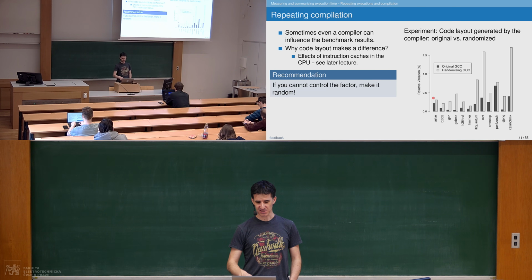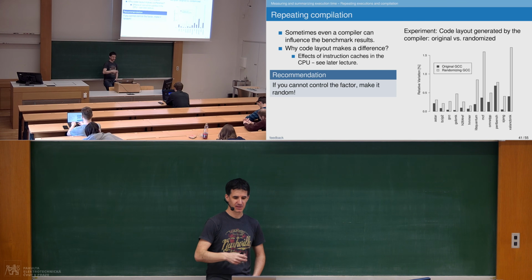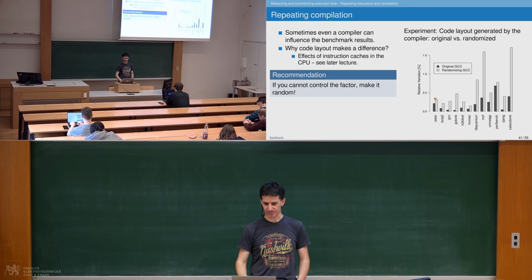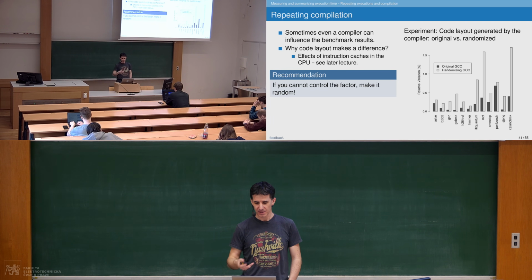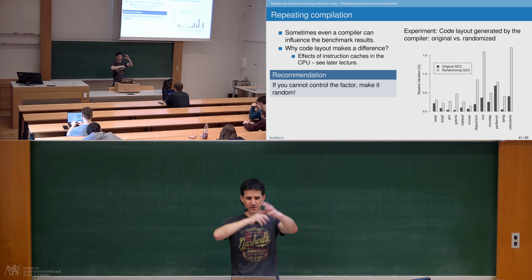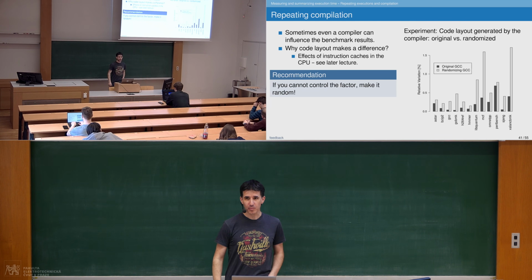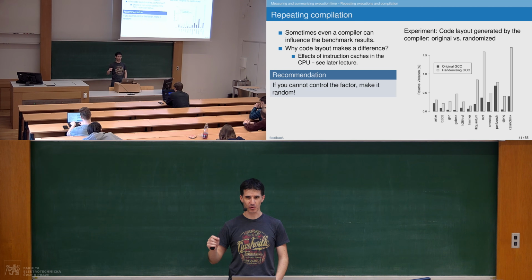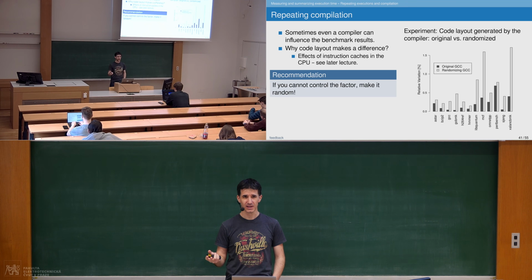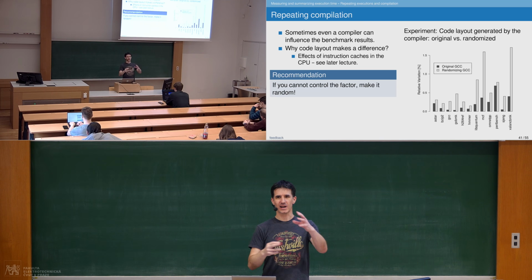So in many cases, this reordering of the functions causes higher variations than what the compiler does by default. That's clear, because if you do random things, the variance will be higher. But the point is that even if you do some small change in your program, like adding one line or removing a line or rewriting a single function, it can happen that your code is laid out differently.